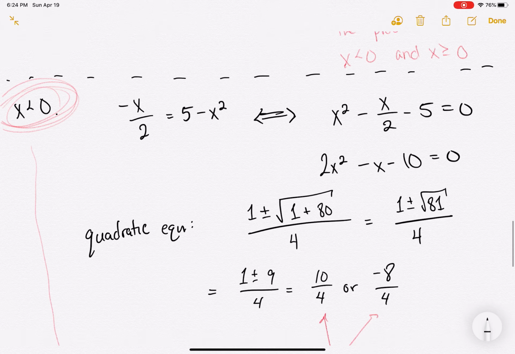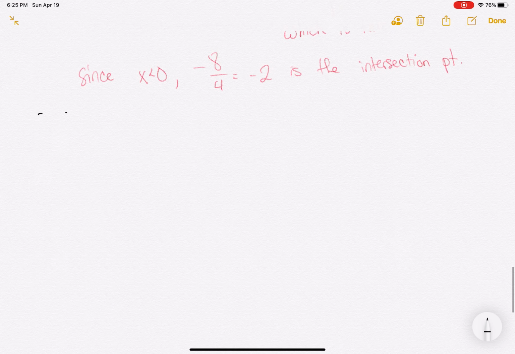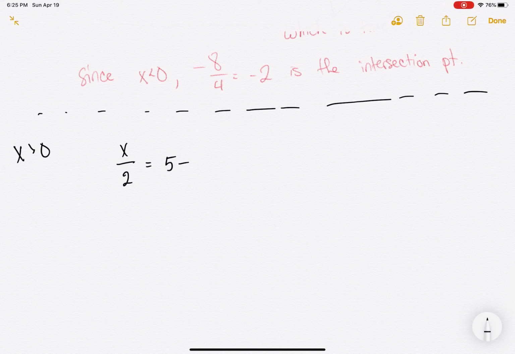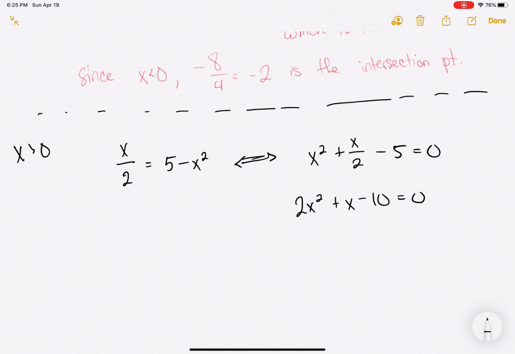We do the same thing with x greater than 0. So for x greater than 0, it changes our problem to x over 2 equals 5 minus x squared. And we're going to solve that the same way. x squared plus x over 2 minus 5 equals 0, also known as 2x squared plus x minus 10 equals 0.